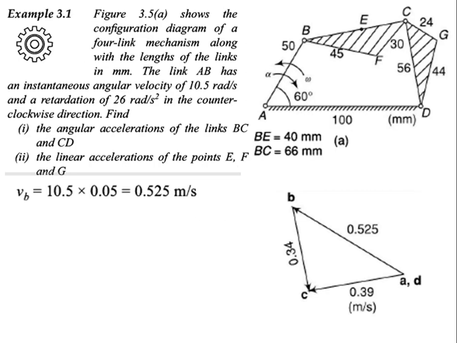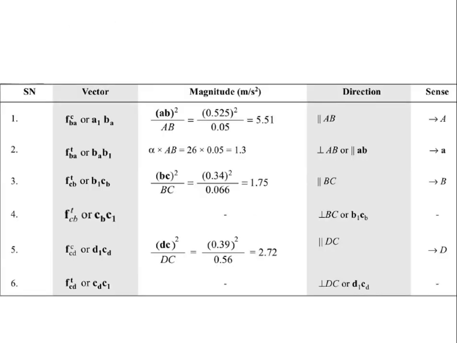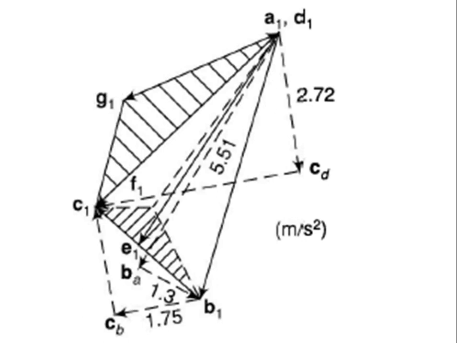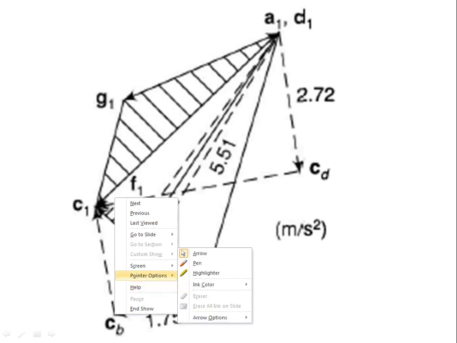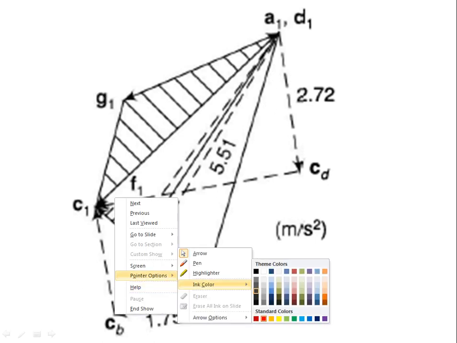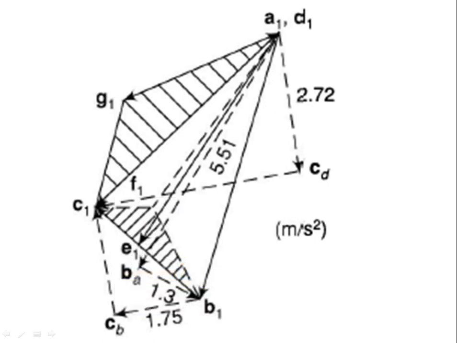It is perpendicular to BC. So take the perpendicular to BC in this direction, and then from CB to C1, draw a straight line like this. So B1 to CB you can draw like this, and from here up to here you get 1.75, and from here draw a straight line perpendicular to this.